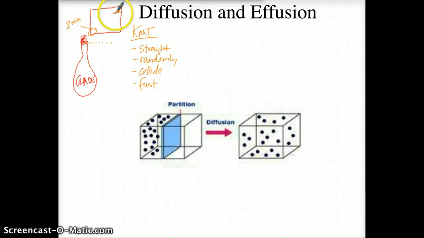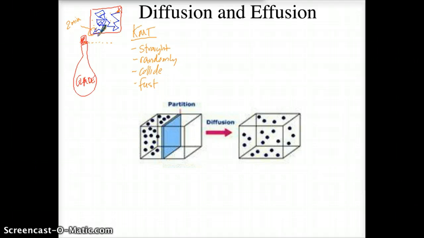Why does it take 2 minutes for a molecule from here to go 30 feet if it's traveling hundreds of miles an hour? Well, there's tons of other gas molecules in the room moving around. So as this molecule moves, boom, it's going to collide and bounce and hit all the other molecules in the room so that eventually, over time, it's going to spread all the way throughout the room.